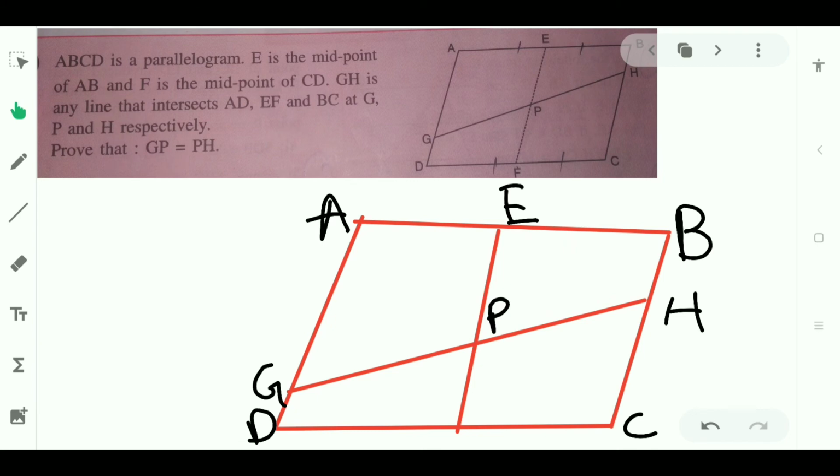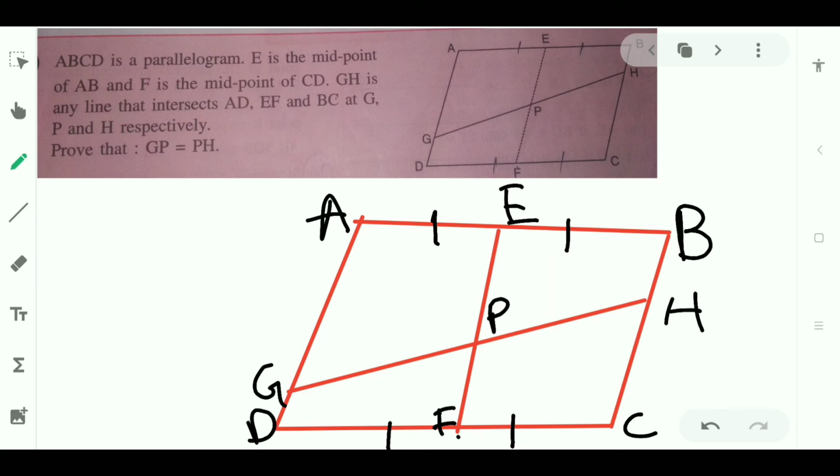Now here the information given is that E is the midpoint of AB. So E is the midpoint of AB means these two lines are equal. AE is equal to EB. And F is the midpoint of CD. So here this point is known as F, and that is the midpoint of CD.